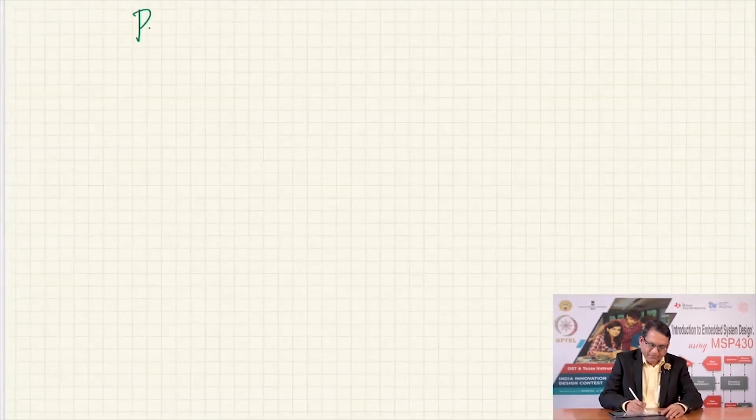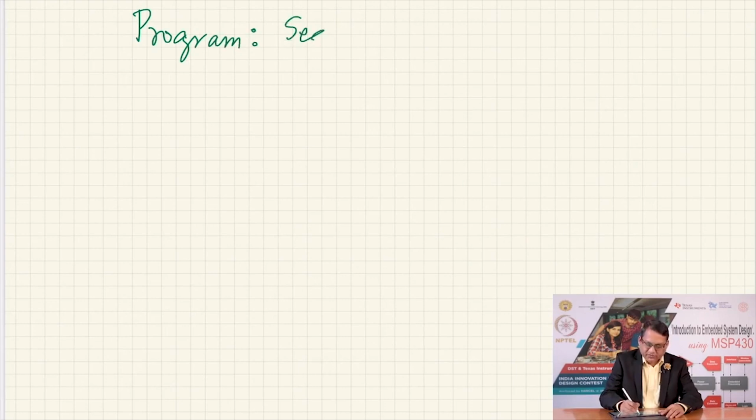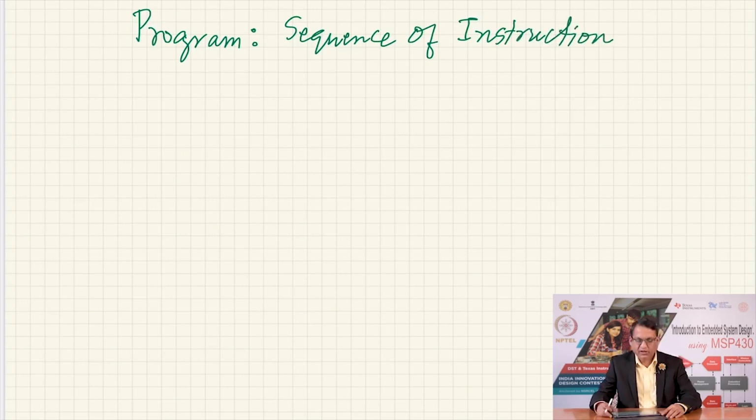Now, what are you going to write in the memory of the microprocessor is a program. And what is a program? A program is a sequence of instructions. Oftentimes, when I ask the meaning of a program, people mention it's a set of instructions.